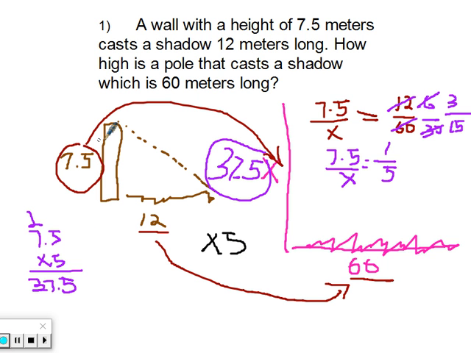So 7.5 times 5 should give me this, and I already proved that. So again, if you see the scale factor, which we'll learn a little bit more later, scale factor is so useful for some questions that have easy numbers like that. So now I'm going to go ahead and do the second one.